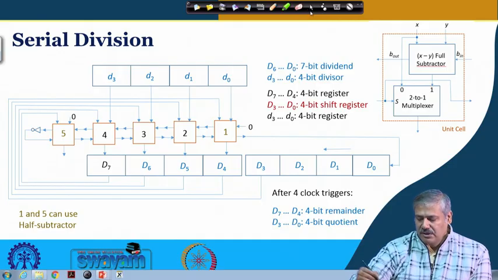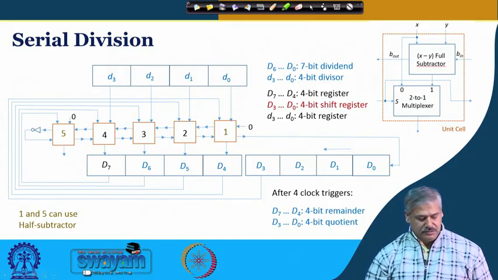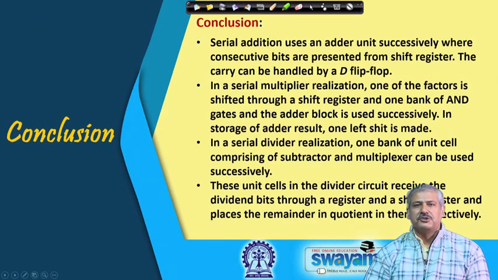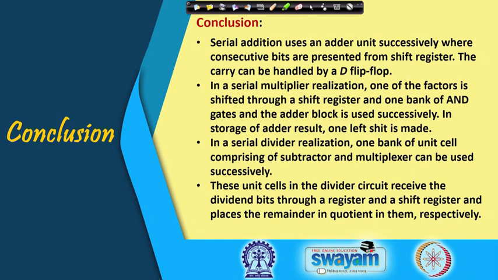Okay. So with this we come to the conclusion of this particular class. What you have seen: serial addition uses an adder circuit, an adder unit, successively, where consecutive bits are presented from a shift register, and the carry part of it can be handled by a D flip flop.